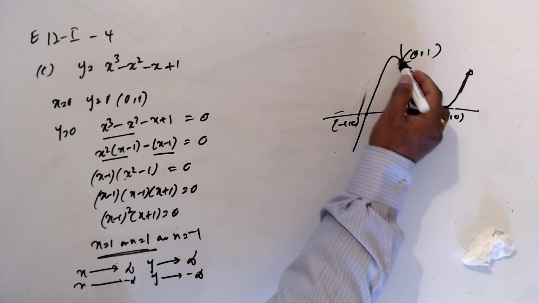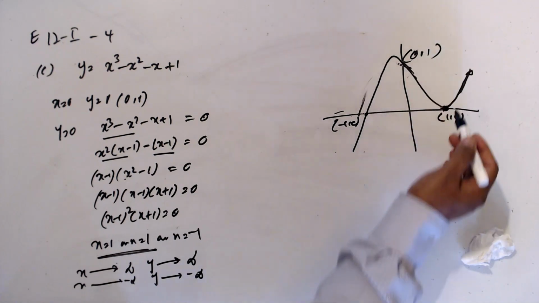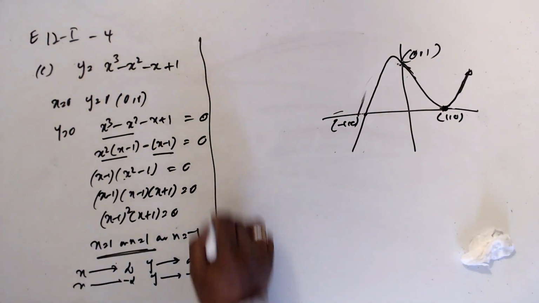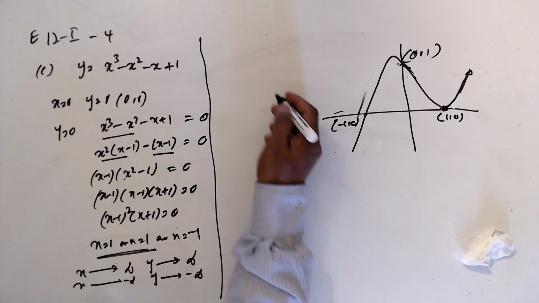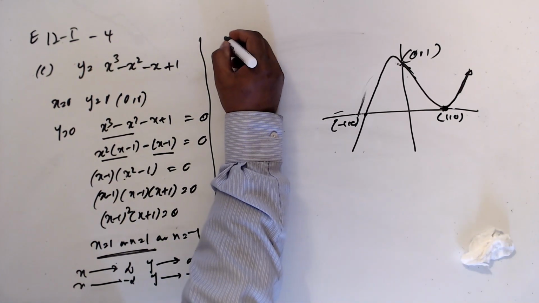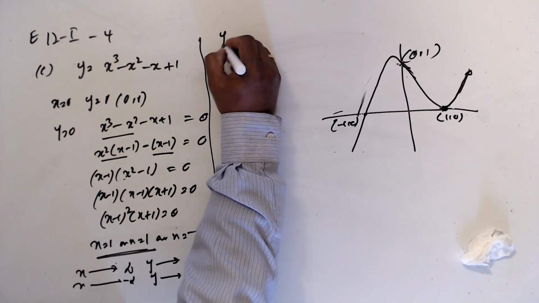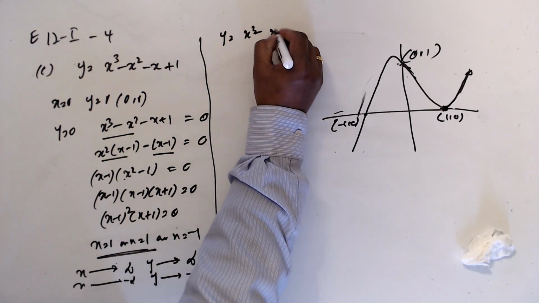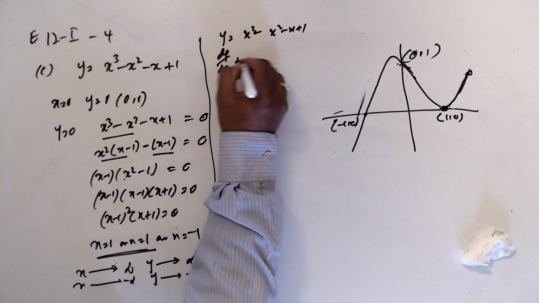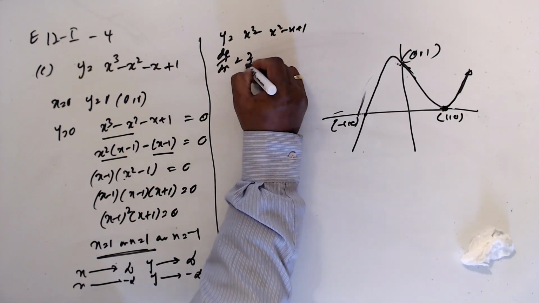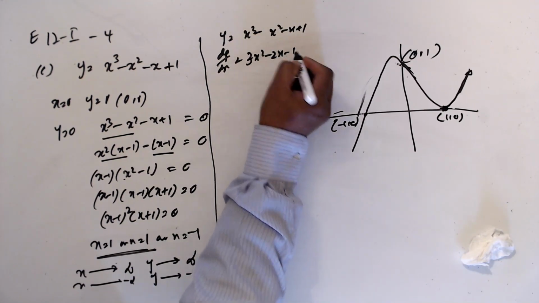Now we need to find those minimum and maximum. So what is the technique? Now we can't use any other technique other than dy by dx. So y equals x cubed minus x squared minus x plus 1, dy by dx equals 3x squared minus 2x minus 1.